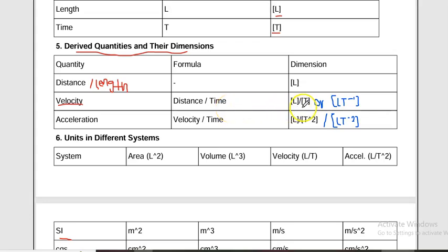That's where we come to have L over T. Now, we know to say that 1 over T is the same as T raised to the power -1. So that means L over T is the same as L times T to the power -1. This is also the dimensions for velocity.